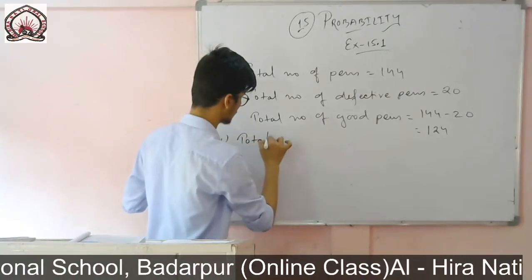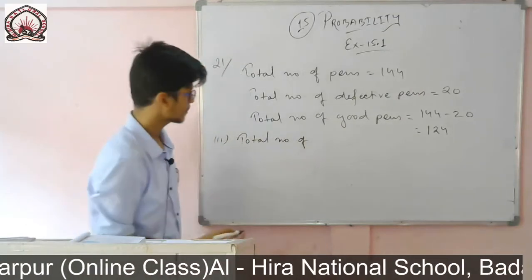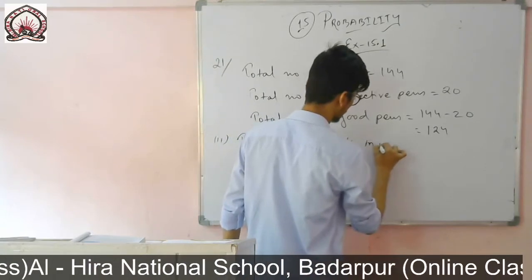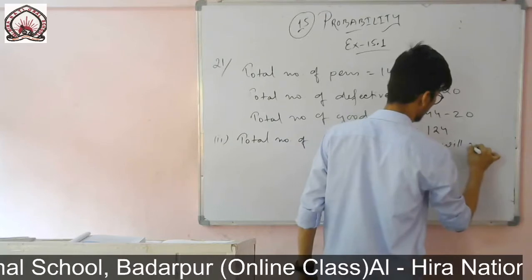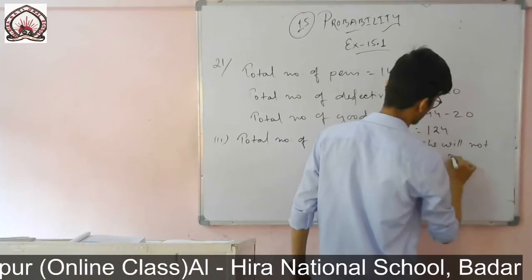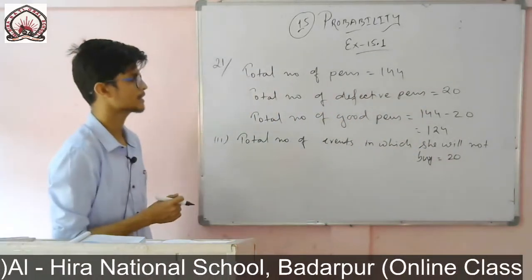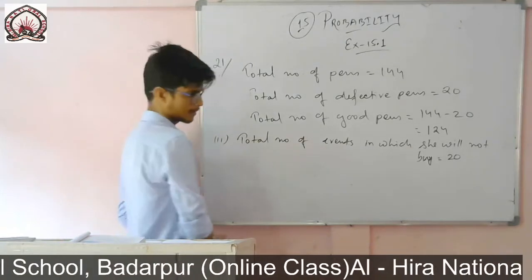So you write the total number of events in which she will not buy is equal to, in case of these 20 defective pens only, they will not buy it. So the total number of events in which she will not buy is equal to 20.